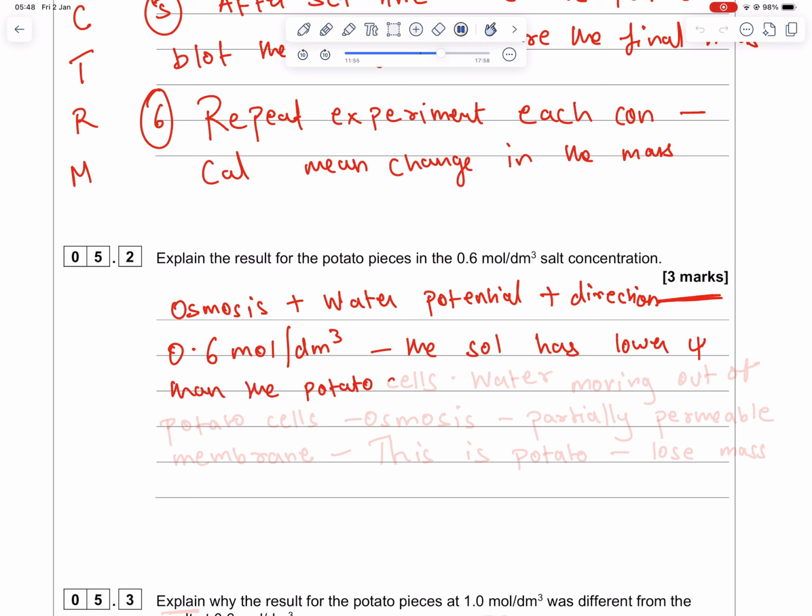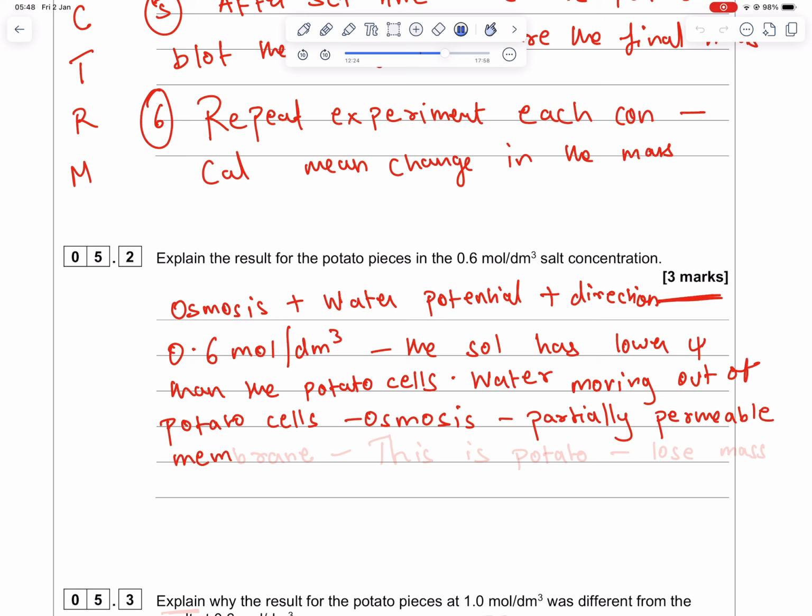So therefore, water is moving out of the potato cells. When water is moving out of potato cells, that is by using osmosis, and a very important word here is partially permeable membrane.